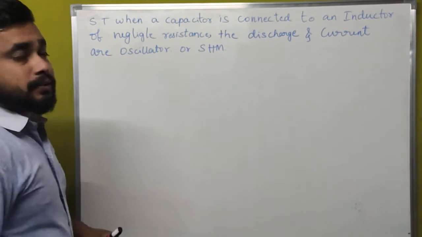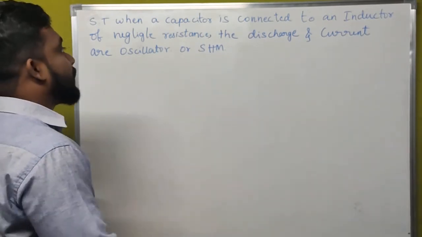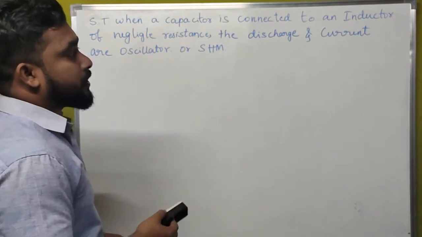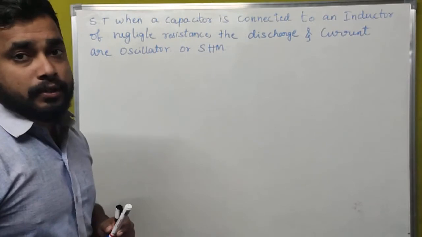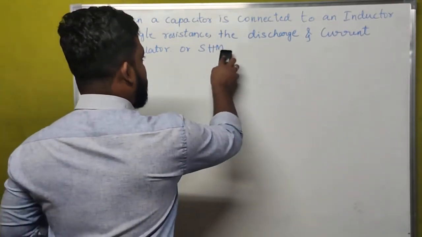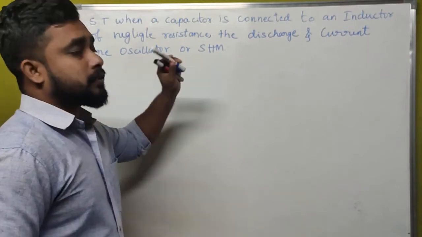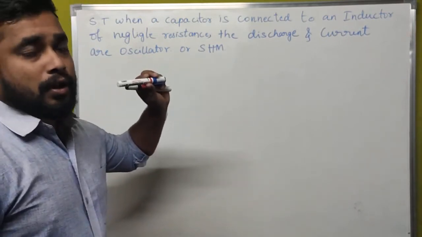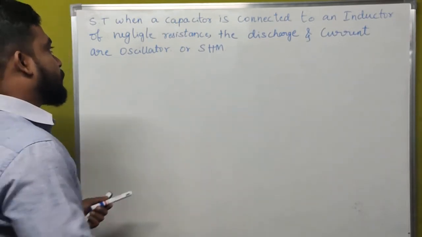Please make a note of this: show that when a capacitor is connected to an inductor of negligible resistance, the discharge and current are oscillatory or simple harmonic. There is no need to write the word motion; you can write SHM, simple harmonic motion. That is also well enough.